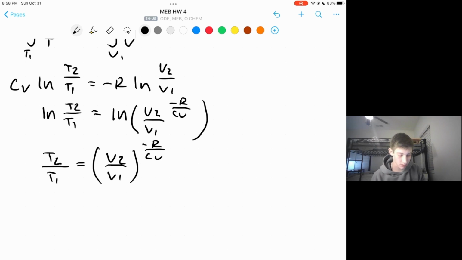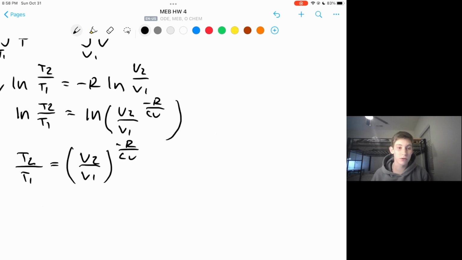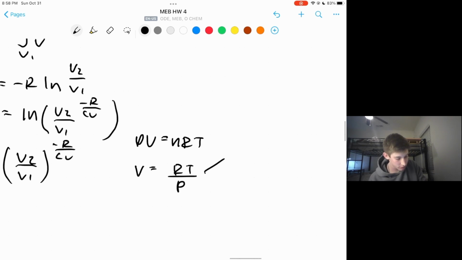We can next substitute V2 and V1 based on the ideal gas law. So again, PV equals nRT. We're going to say n is 1 still. So V equals RT over P. And then this is true for V2 and V1. So we would adjust the parameters down here to match these.